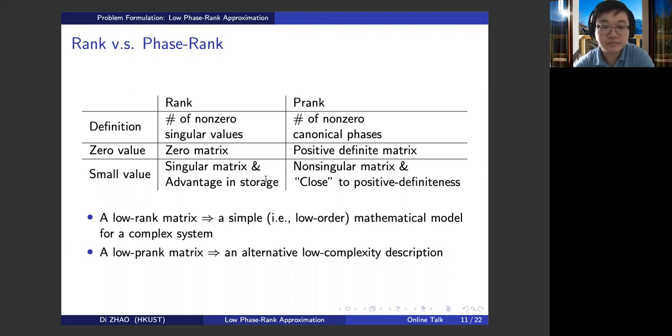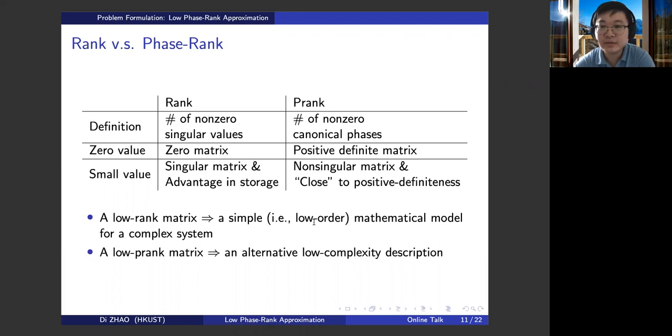So this is good. And if we have a low phase rank matrix, by definition it should be non-singular, but it should be somewhat close to a positive definite matrix. This kind of parallel gives us some intuition that we may take advantage of the low phase rank concept similarly to the low rank concept.